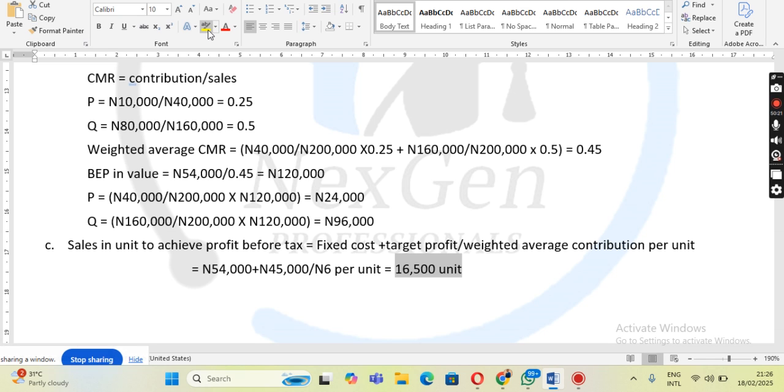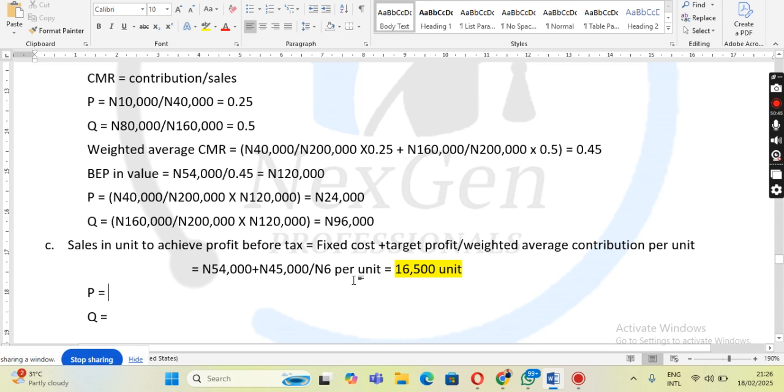But we need to get for each of the products, P and Q. Now, it is still the sales mix, class. The sales in units.